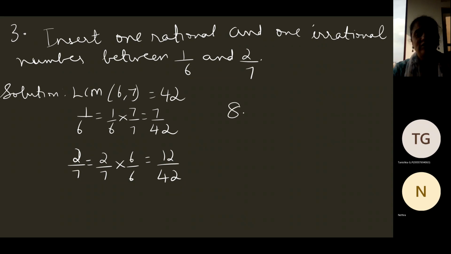See, if you write 8.5 by 42, between 7 and 12 you have 8.5.